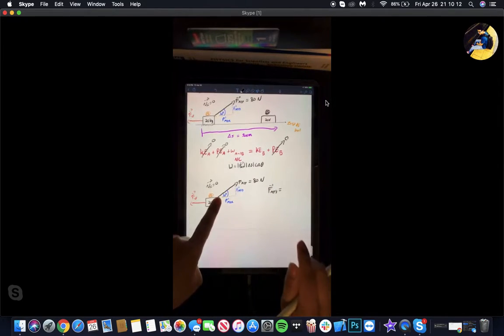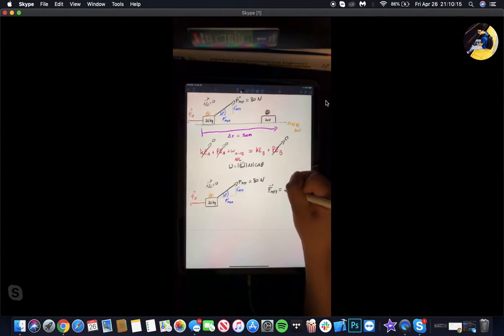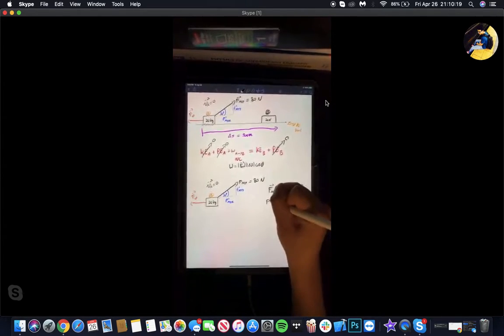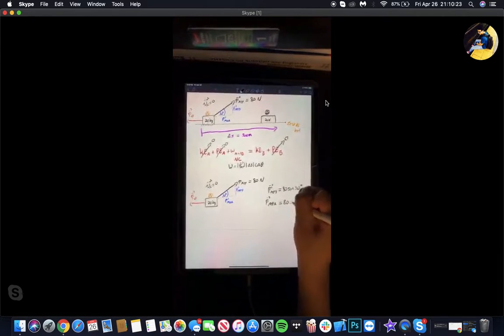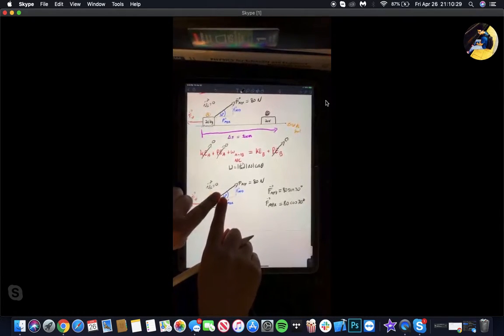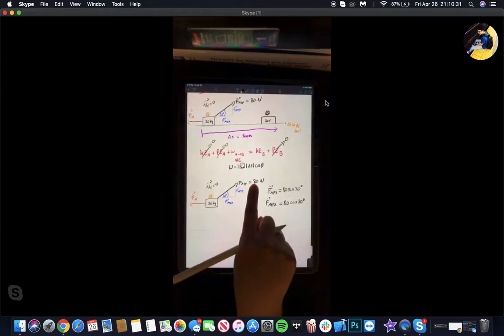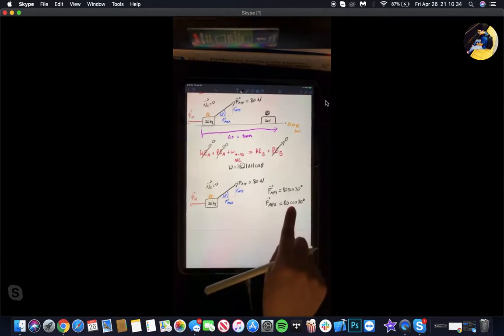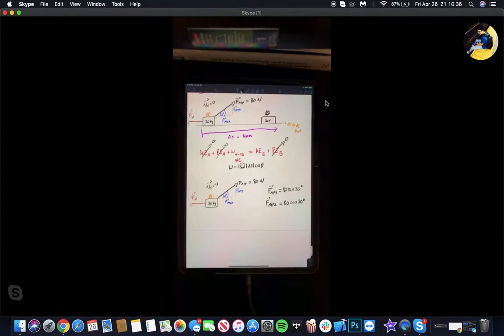Sine is opposite over hypotenuse, so it'll just be 80 sine 30. Because remember, it's at a 30 degree angle, and this is the magnitude. 80 is the magnitude.